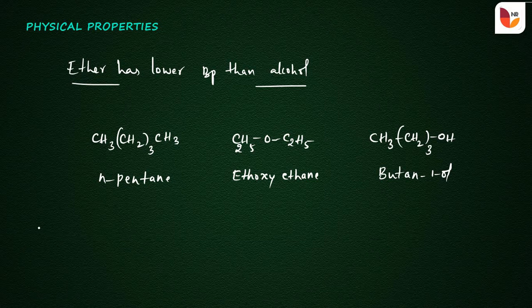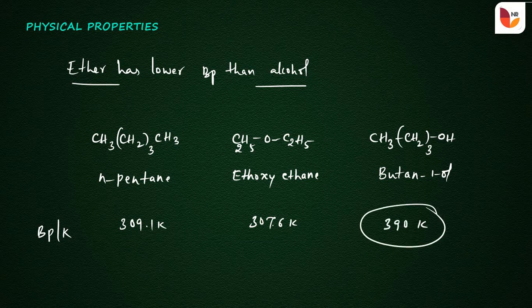Let us see the boiling points of these compounds in Kelvin: 309.1 Kelvin for pentane, 307.6 Kelvin for ethoxyethane, and 390 Kelvin for butan-1-ol. Alcohols have a very high boiling point as compared to ethoxyethane, or simply ethers, and ethers have nearly the same boiling point as hydrocarbons.